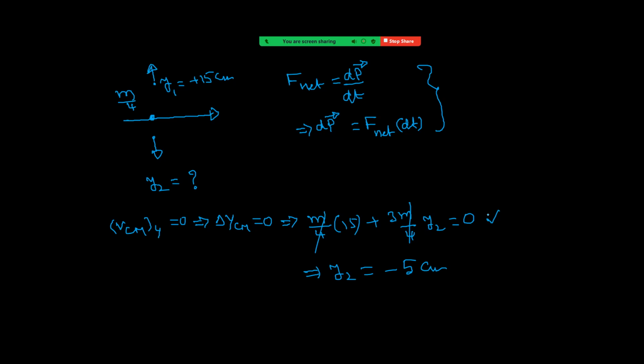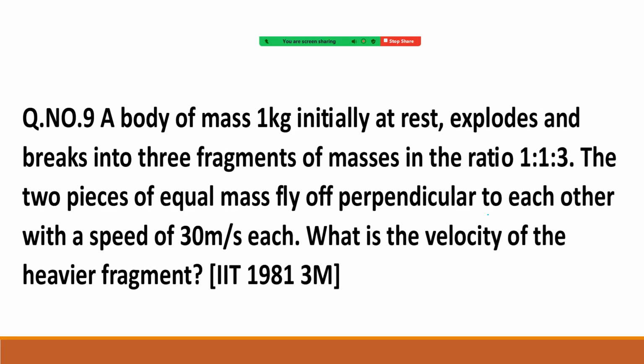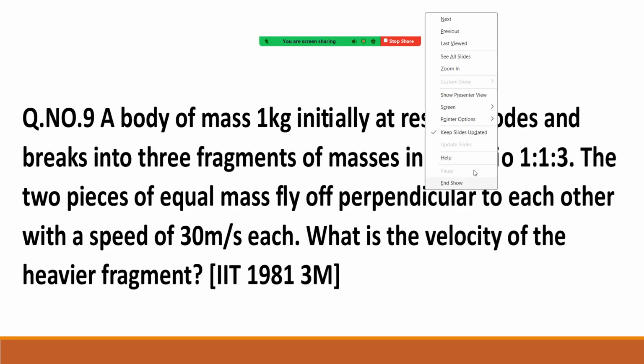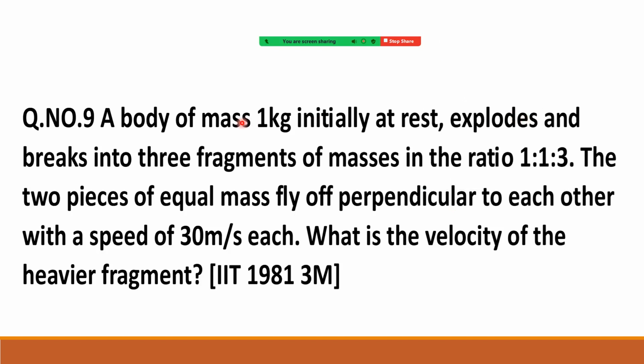Let us go for the next problem. A body of mass 1 kg initially at rest explodes and breaks into three fragments of masses in the ratio 1 is to 1 is to 3.